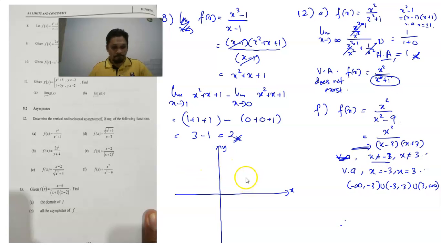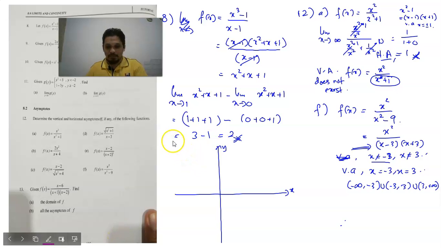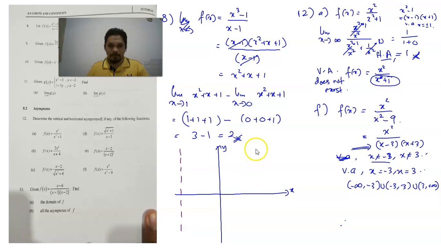Okay, now let's say I make something like this, and also here, this is x equal to 3 and this is x equal to negative 3.